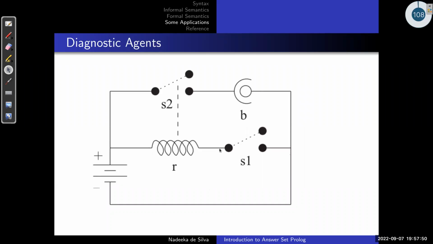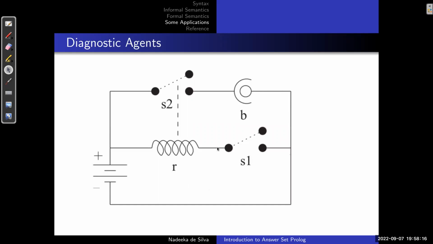Also, you can use it for diagnosis systems. Think that I have this simple system, and when I close this switch S1, this coil gets activated and generates a magnetic force and closes S2. So S2 is closed and this bulb will light. Let's say there is an agent observing this system.